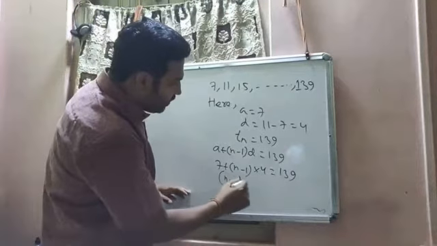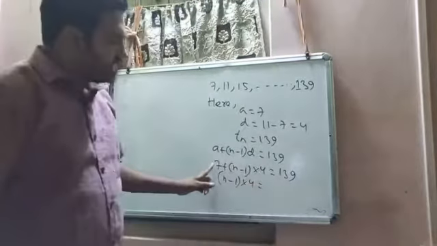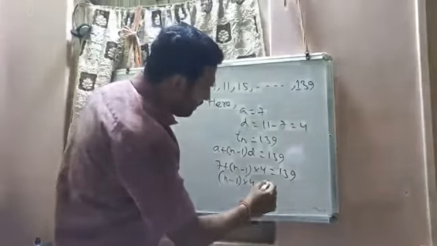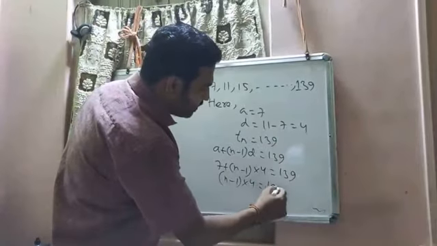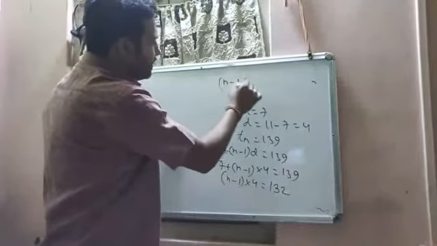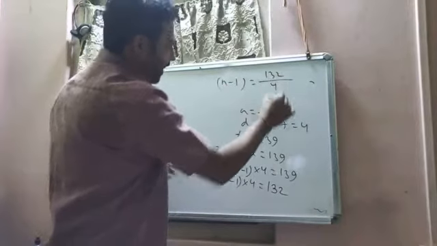n minus 1 into 4, if I take 7 to the right side, 139 minus 7 is going to be 132. Am I right? Now n minus 1 is equal to 132 divided by 4.